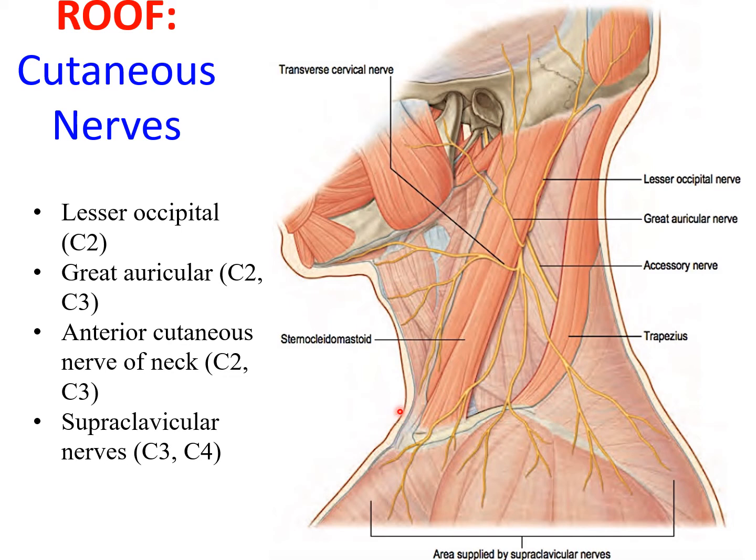So these are the details of the cutaneous nerves. All these four cutaneous nerves are related with the posterior border of the sternocleidomastoid muscle. So please remember it in relation to the posterior border of the sternocleidomastoid muscle.